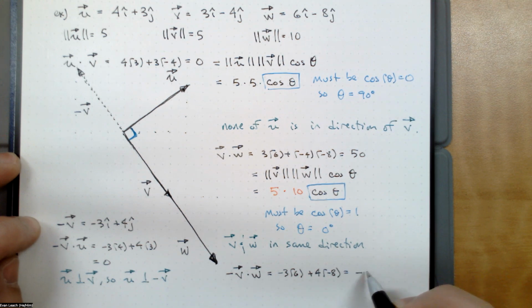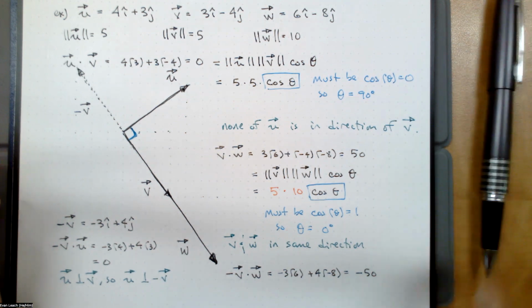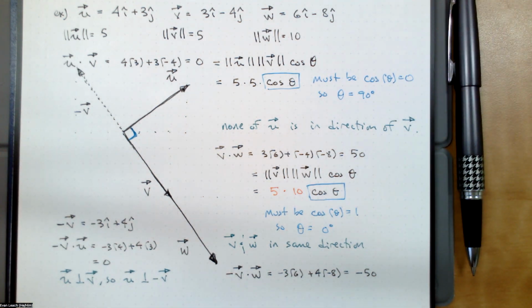We end up with negative 50. So negative v dot w is negative 50. Makes sense. If I took one factor out of each product and changed its sign, I'm going to change the sign of each factor. That'll change the sign of the sum.